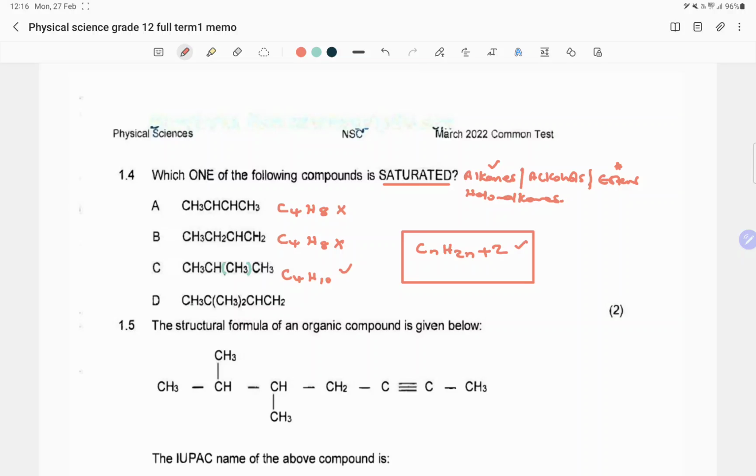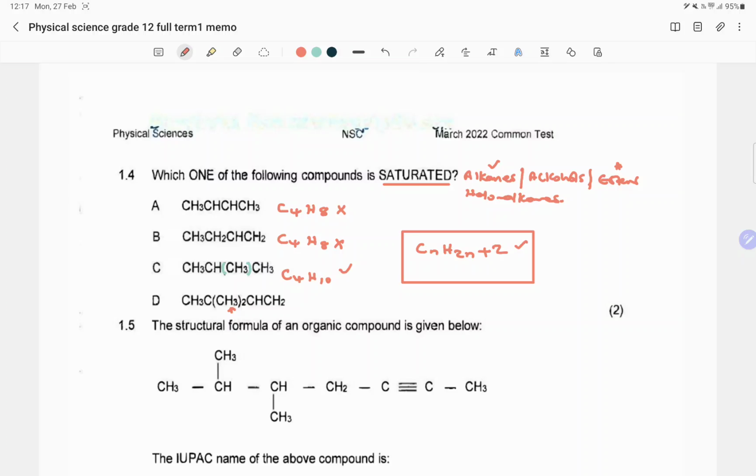This one is 1, 2, 3, 4, 5. Okay, 5. But do you see what is happening here? There's a 3 here. So this means there's dimethyl side chains here, because if it was a 2 and then there's this number here, we can accept it as part of the chain.